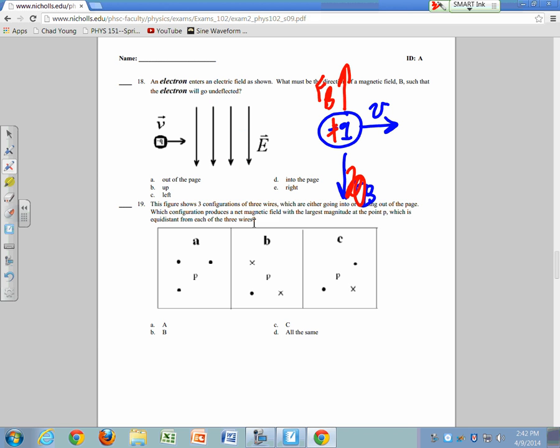If your electric field is that way, then your electric force, Fe, would be down, and Fb would have to be up. And then you would want to find what magnetic field generates that force. That's assuming it's still negative, but the electric fields are switched. Did that answer your question, Matt?